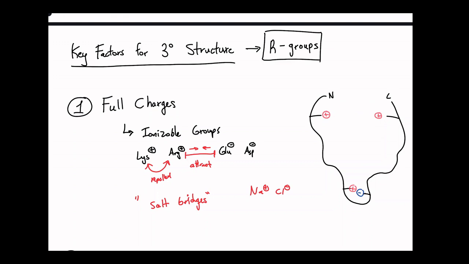But we can see here that if we have two positive charges on this side of the polypeptide, they will not be close together. They're going to repel from each other. But if we see a positive and negative amino acid, or R group, near each other, they're going to be attracted, and that will help guide the three-dimensional structure.